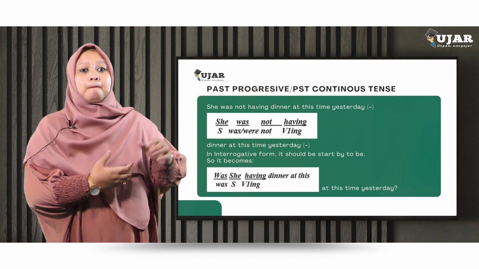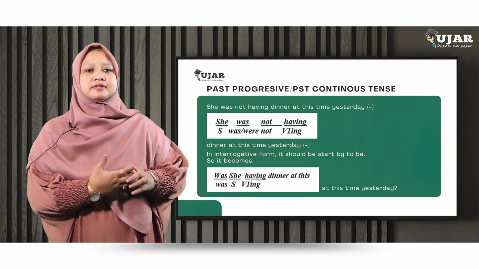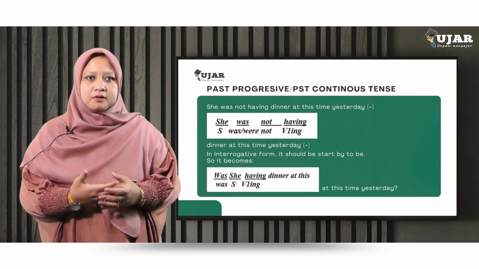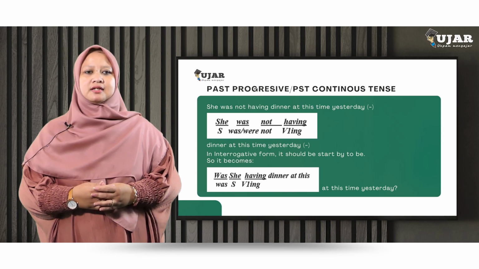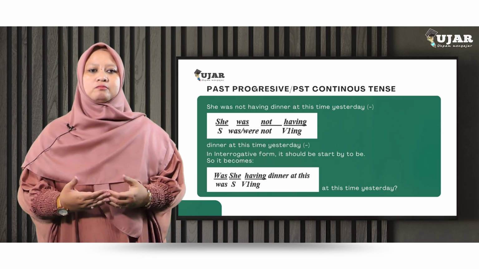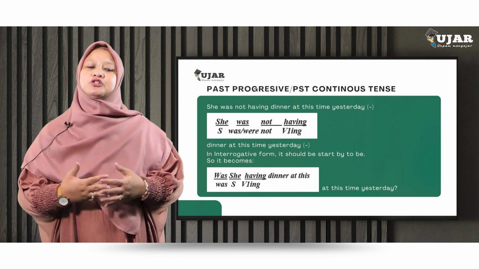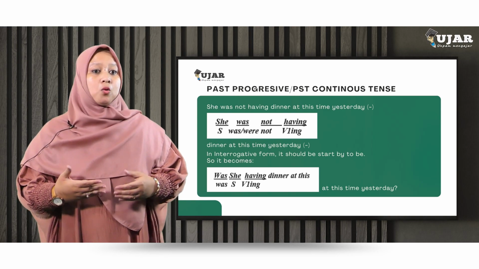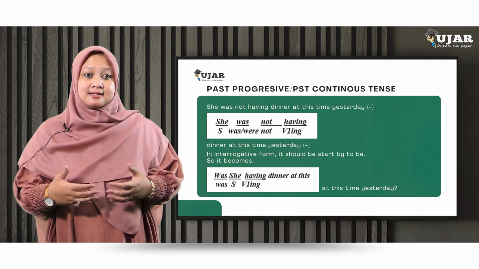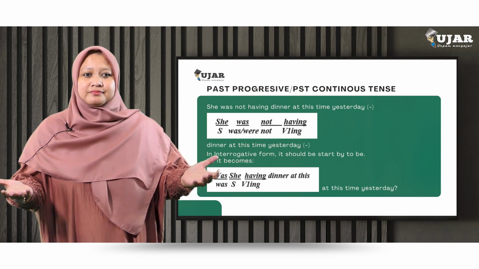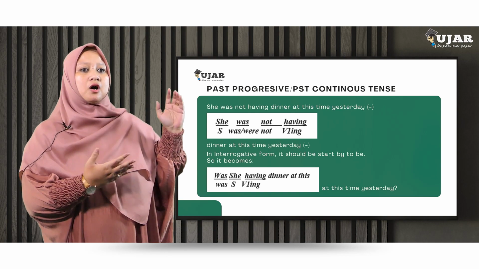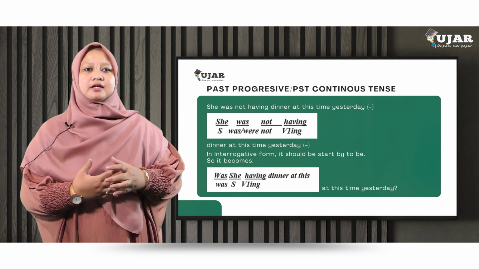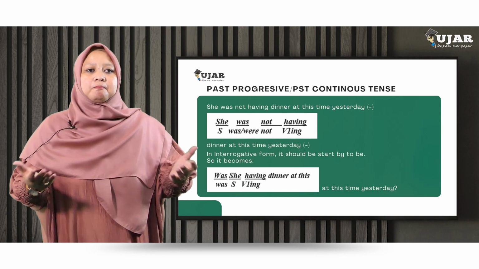Subject plus was or were plus not plus verb 1 plus ing. In interrogative form, it should start with to be. So it becomes, was she having dinner at this time yesterday? Take a look at the form. Was or were plus subject plus verb 1 plus ing.